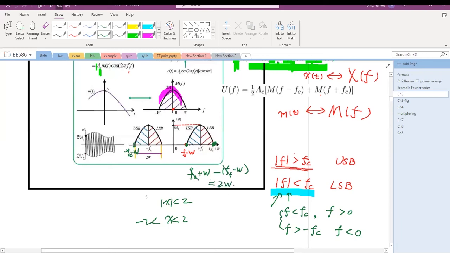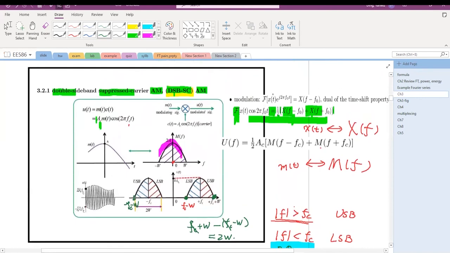So if I want to transmit this signal, I need to allocate 2W bandwidth for it. Therefore the name is double sideband. We transmit the lower sideband and the upper sideband. So double sideband. And let's see the carrier.